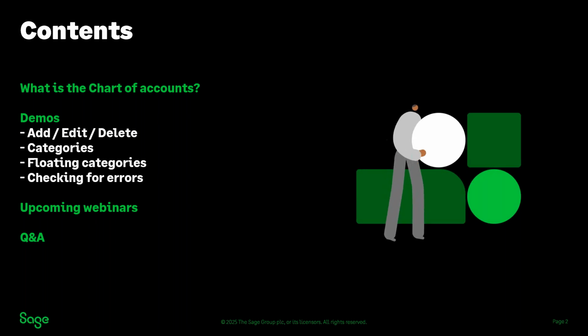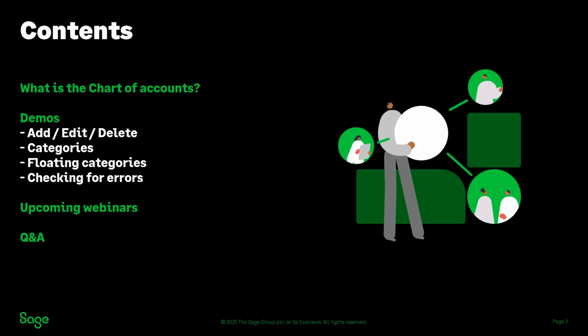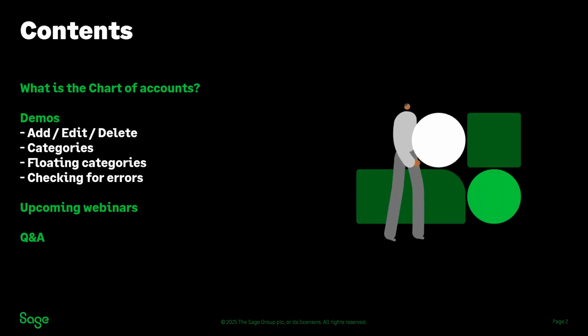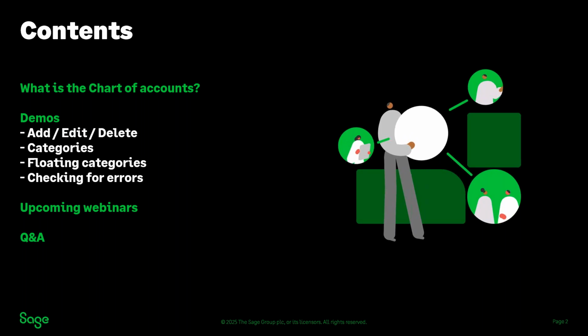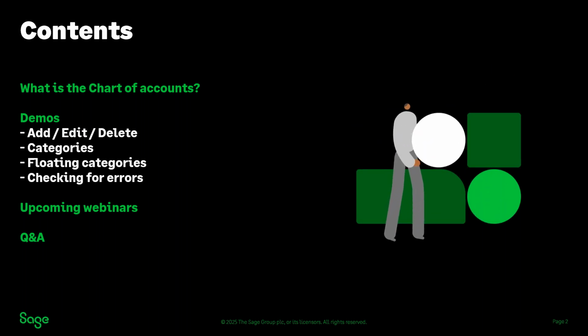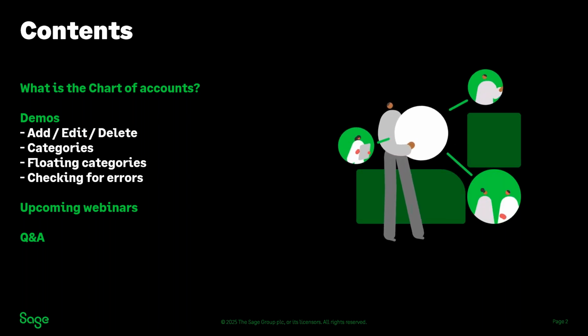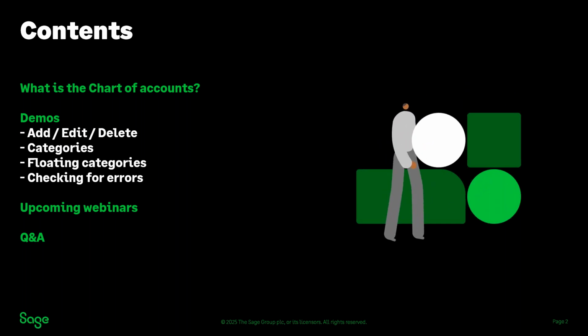Now, what we're going to be covering today, first of all, what is the chart of accounts? And then we're going to jump into some demonstrations, so showing you how to add, edit, or delete nominal codes and the chart of accounts, and also the categories. So we're going to go into a bit more about the categories. A question already coming through around the categories and changing them around. So we're going to talk about that.